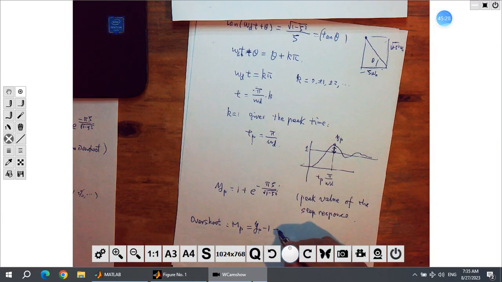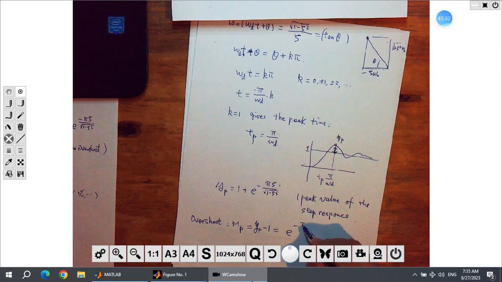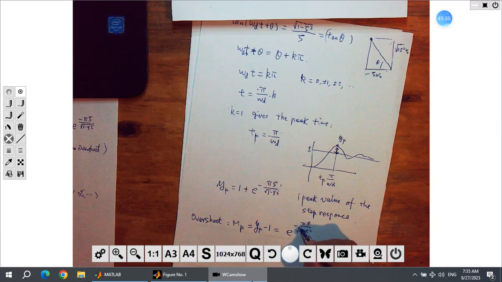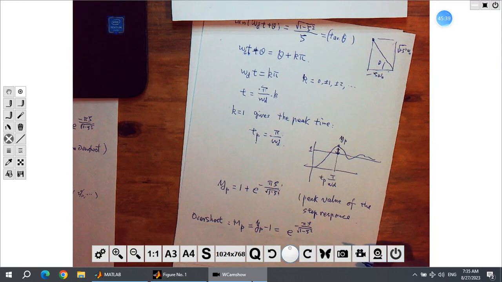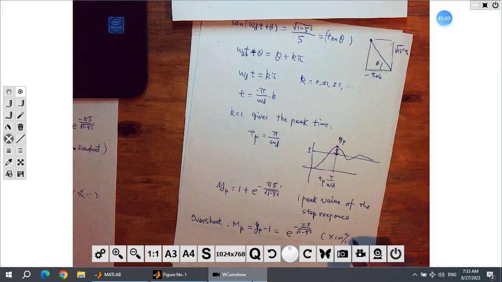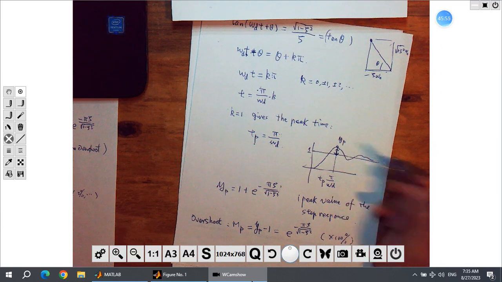So this is just the exponential part: e to the negative pi zeta over the square root of 1 minus zeta squared. So this is Mp. And sometimes you can multiply by 100% to see the percentage overshoot. Like if this is 0.1, you can say this is a 10% overshoot.